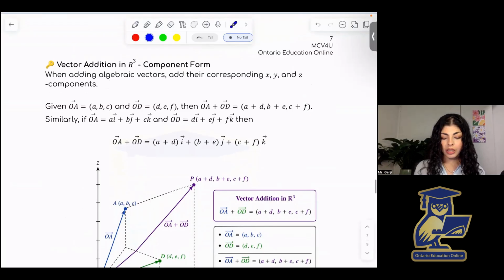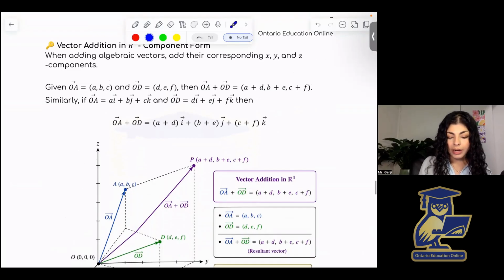Now, vector addition in R cubed with component form follows the same pattern, but now we just have that z component in there. So given OA, which is (a, b, c), and then OD, which is (d, e, f), then the resultant, which is vector OA plus vector OD, we just add the x components, which is a plus d, the y components, which is b plus e, and the z components, which is c plus f. Here I'm also showing you with unit vector notation.